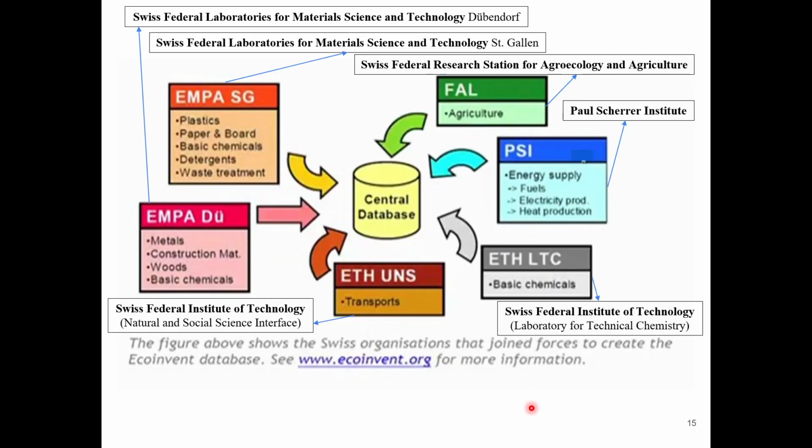And for this life cycle analysis, we'll later see the timeline, what the advances were and when they were made. There we will find that one of the initial and most accepted comprehensive databases for life cycle analysis is the EcoInvent database.